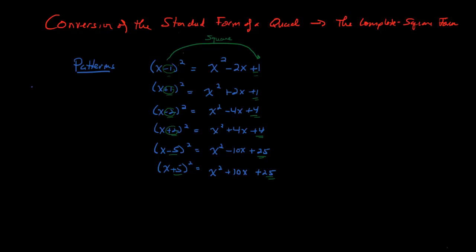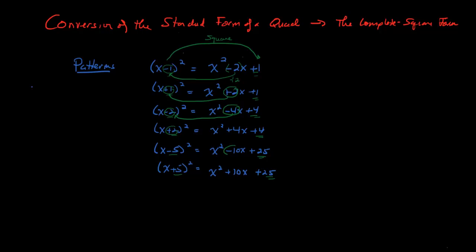And let's think about the next portion. Let's see if I see a relationship here. Notice negative 2 divided by 2 gives you negative 1. Positive 2 divided by 2 gives you positive 1. Negative 4 divided by 2 gives you negative 2.